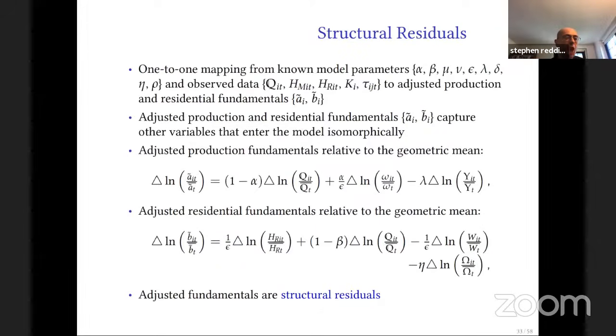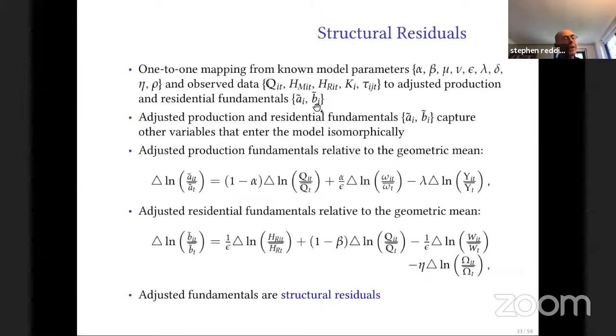Well, there are going to be a couple of features of our approach that are important here. We've already seen how we can recover production fundamentals, the exogenous part of productivity in each location, little a. And we can recover residential fundamentals, the exogenous part of amenities in each location, little b.